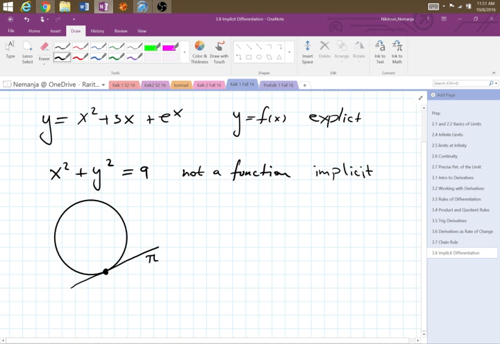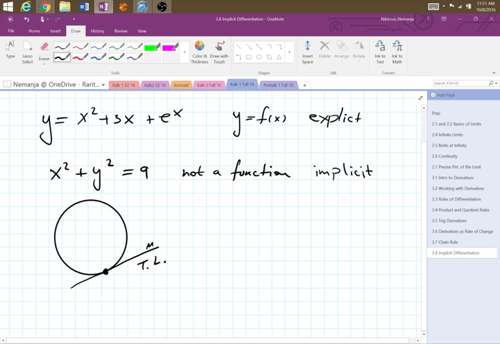The tangent line will have a slope m, and that m is the derivative at this point. So there has to be a way to find the derivative, even though this line does not represent a function. So this is where implicit differentiation jumps in.